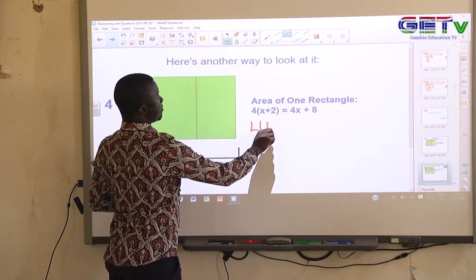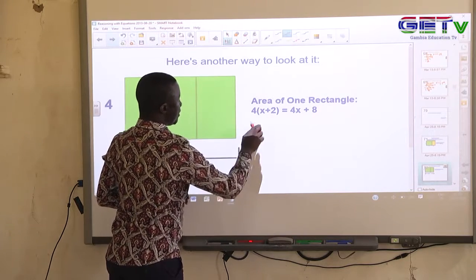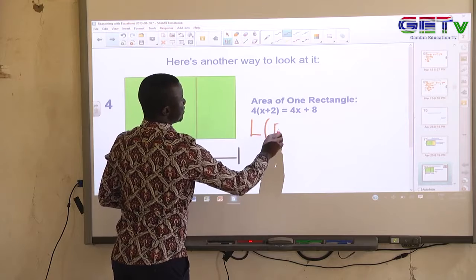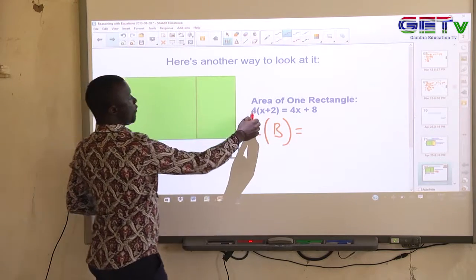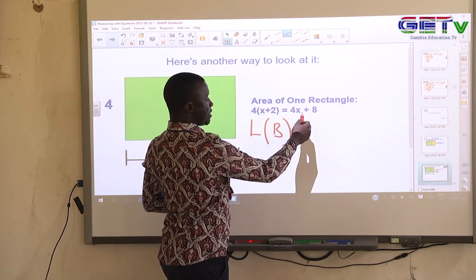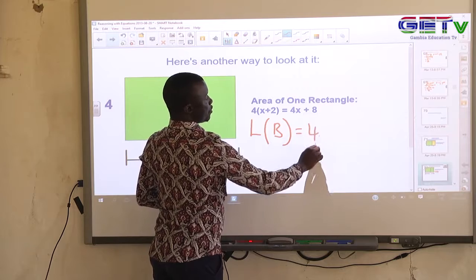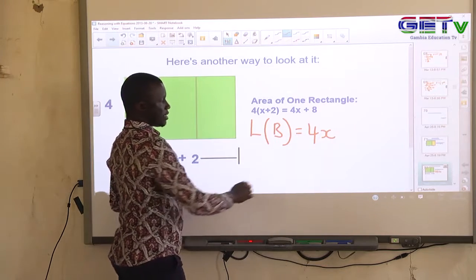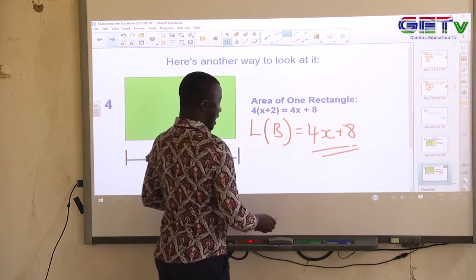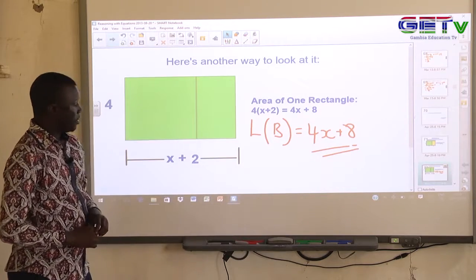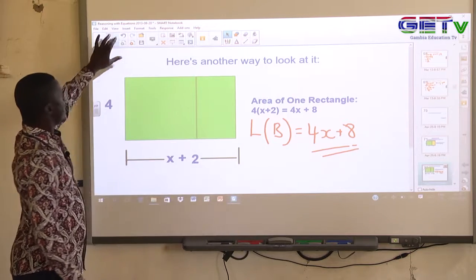We are multiplying this by the breadth or the width. 4 times x is 4x, and 4 times the 2 is what? 8. So we have 4 times x is 4x, plus 4 times 2 is 8. This is the expanded form of our bracket that we have here, or our distributive property.